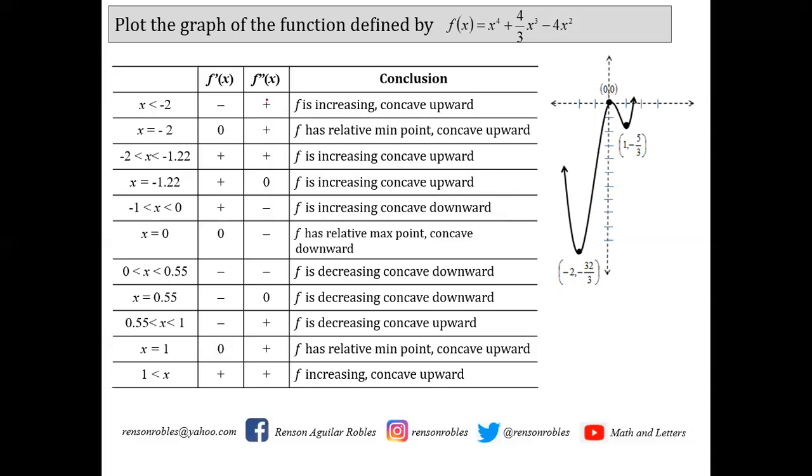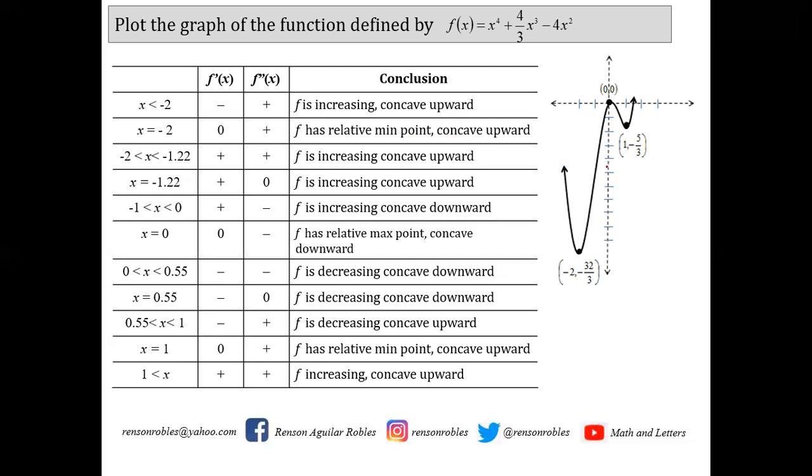Since f double prime of x is positive, the function is concave upward and f is decreasing. Whenever x is equal to negative 2, f prime of x equals 0 and f double prime of x is positive, and therefore f has a relative minimum point and the function is concave upward.